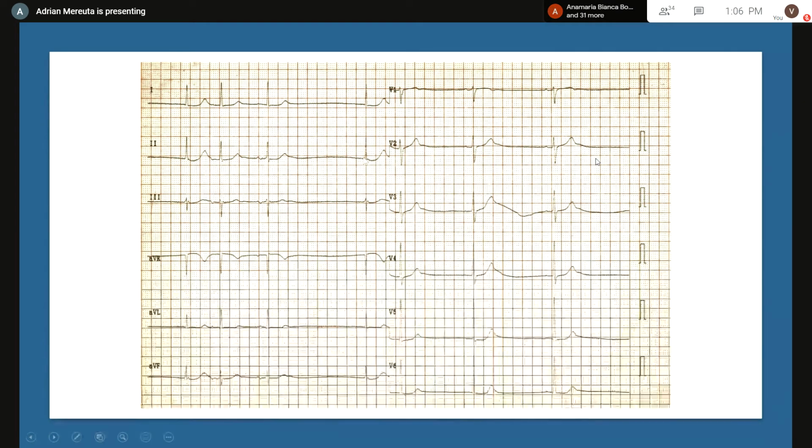Somebody knows what about this beat? Can you try? Okay, I will tell you. It's without P wave before, that means it's not sinus, it's not atrial. And it's the same morphology as the baseline.